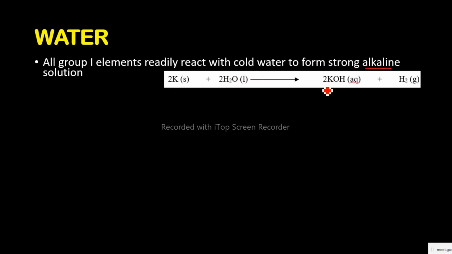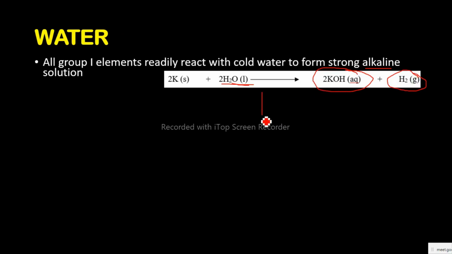Because group 1 elements are highly electropositive, compared to group 2 elements. For example, potassium will react with water to form potassium hydroxide, and the hydrogen is given off as a gas. So this is general for all.